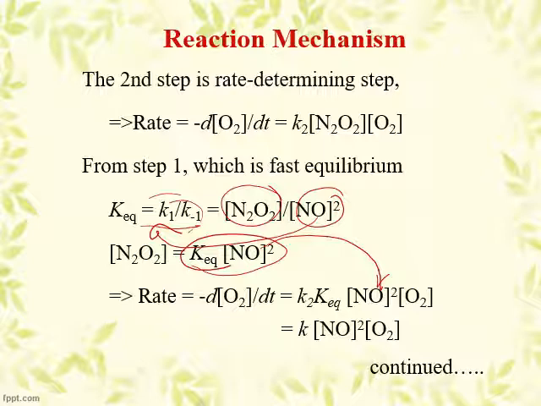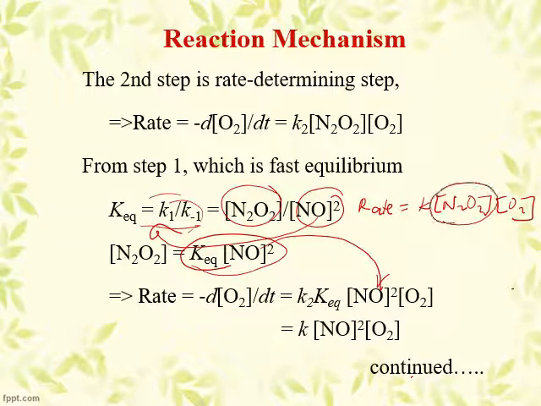Let me just write back the rate law based on the second step. We have rate equivalent to k2 times N2O2 and O2. We only substitute N2O2 with this expression here.